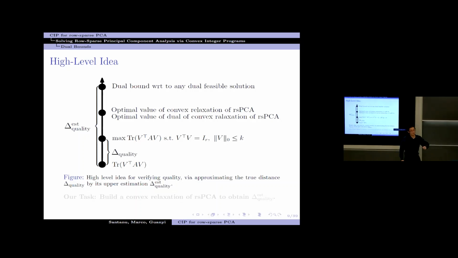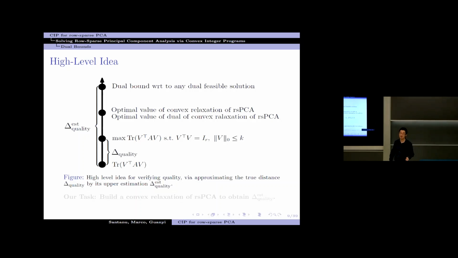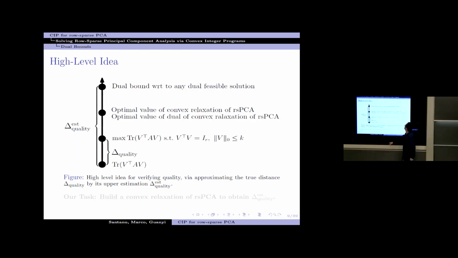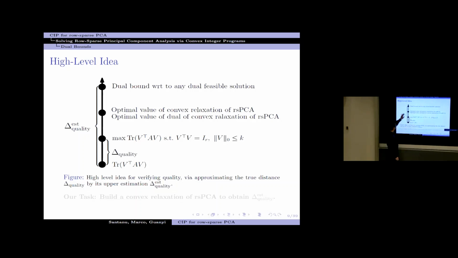And then one step further, in some of the cases, we even do not need to optimize that dual. We just find any feasible dual solution, which is an upper bound of this. Then that's enough. So instead of exactly computing the delta quality, we consider this delta estimated quality as the upper bound to estimate the quality of the primal feasible solution.